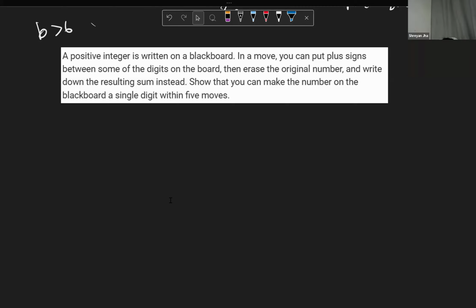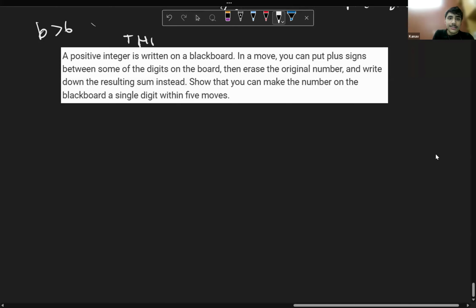Okay, so in this problem, you can just push the digits together, right? This problem is completely brilliant. This is the part where I'll write the impossible. Why is it called the impossible?